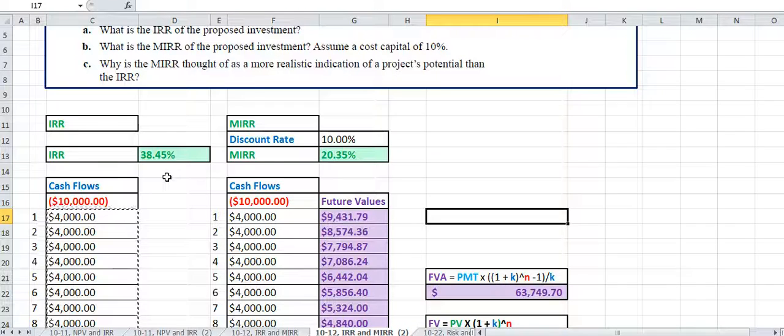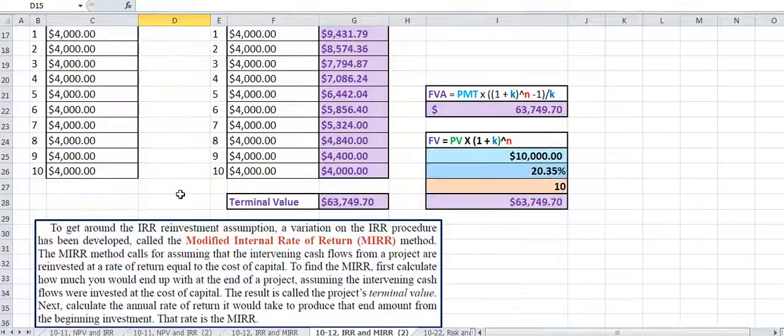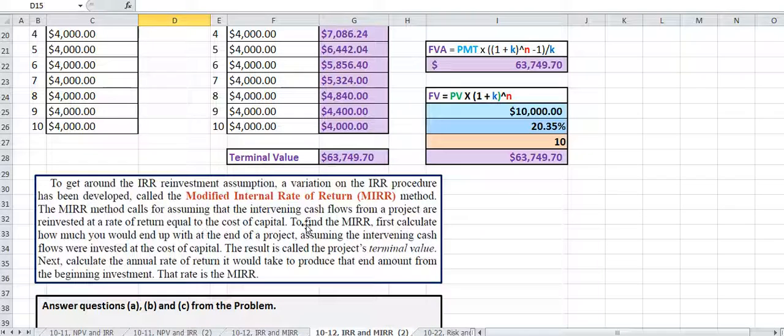Now, if you remember from your book, when they explain how we get the internal rate of return, we're assuming a reinvestment of the cash flows as they accumulate at the internal rate of return, 38.45%, which is not always going to be realistic, which is why we end up with a higher internal rate of return than we may actually see. And I've got a little blurb here from the book.